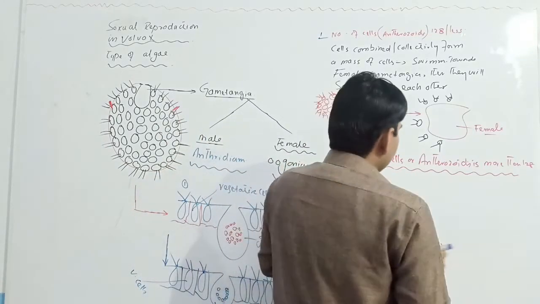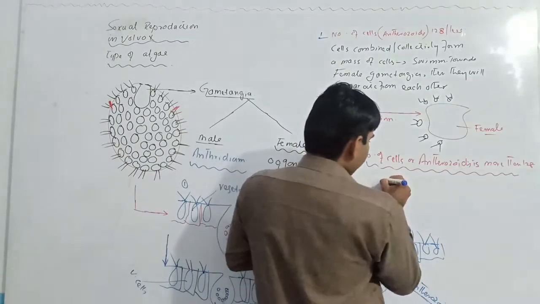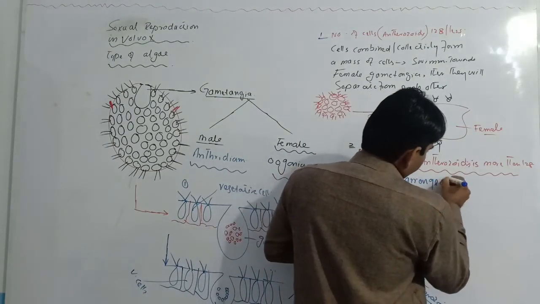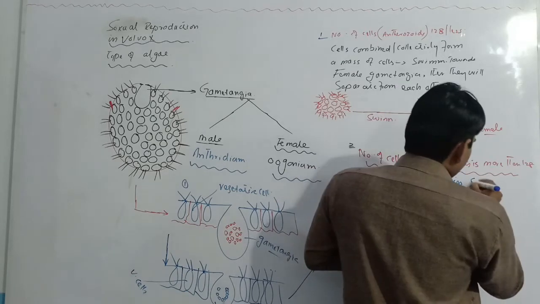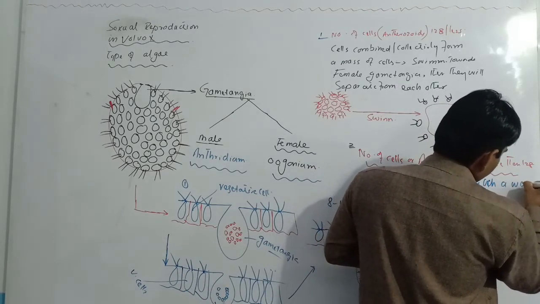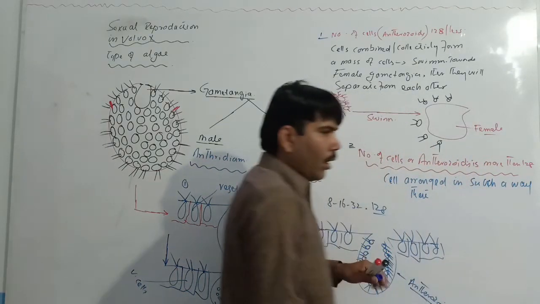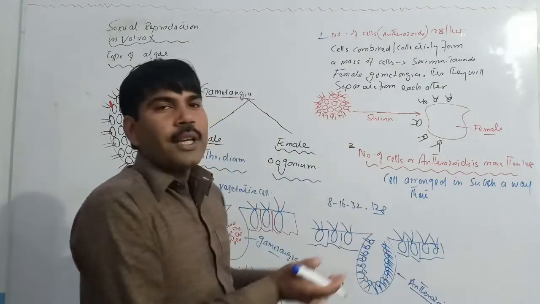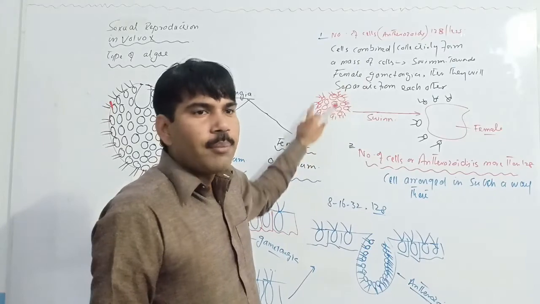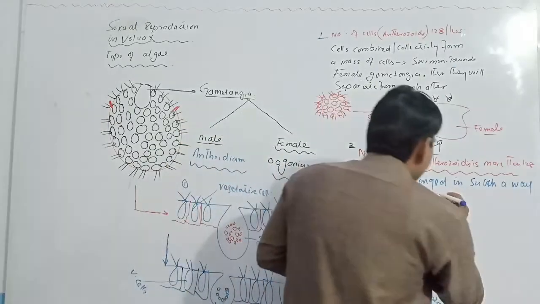In this condition, cells arrange in such a way that a hollow sphere is formed. In the first case a mass of cells is formed, but in this case a hollow sphere of cells is produced.